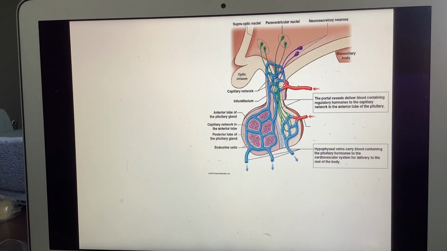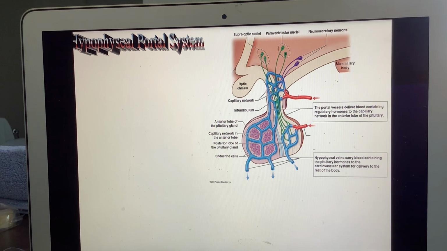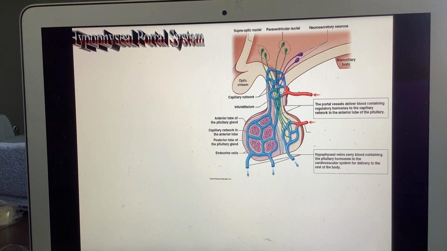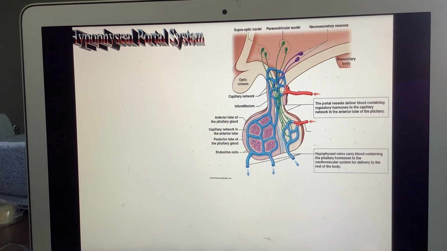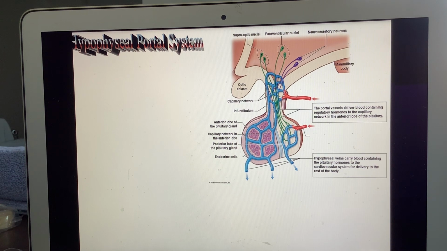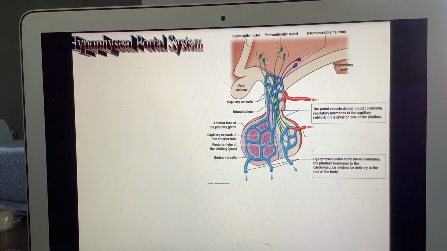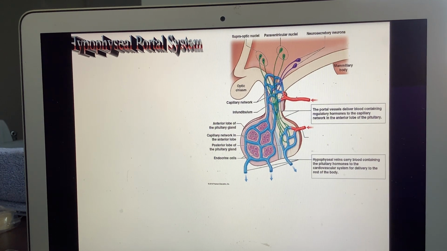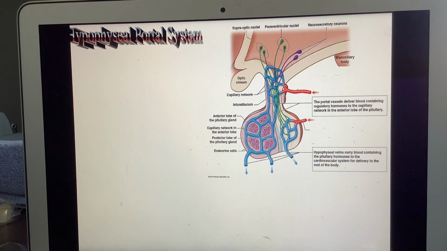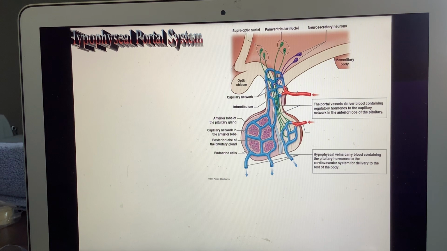When we talk about this system, it's called the hypophyseal portal system. Hypophyseal tells you it's going to go to the pituitary. A portal system is a unique system in that it's going to link blood vessels differently. When we talk about regular circulation, it always goes artery, arteriole, capillary, venule, vein, back to the heart.